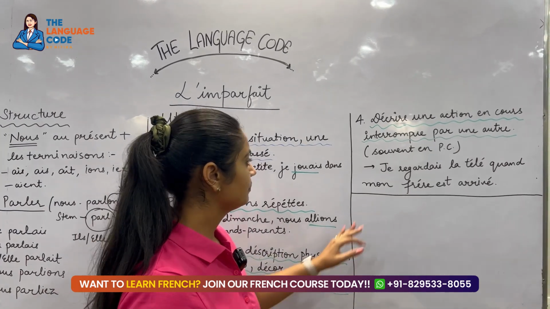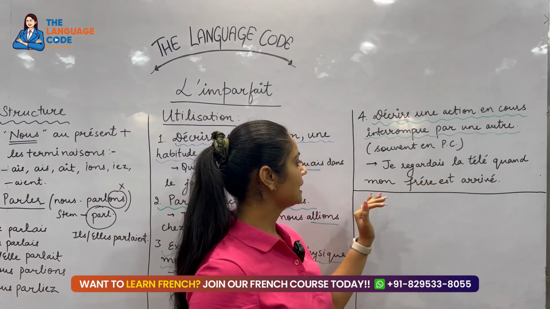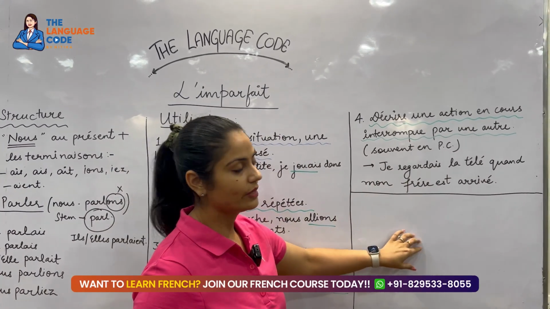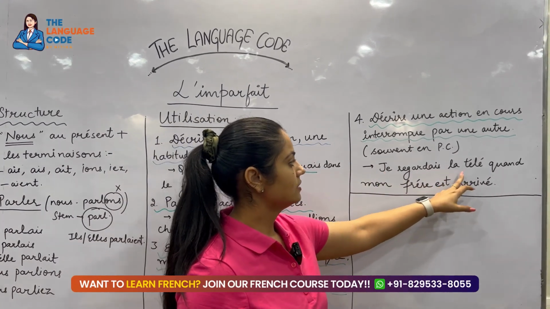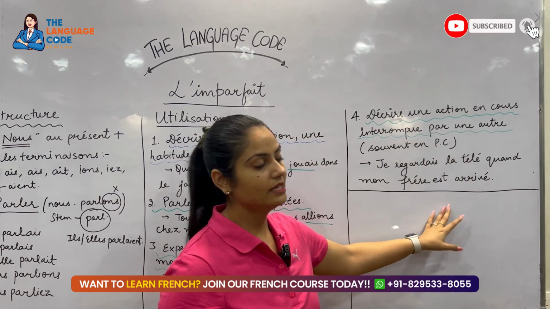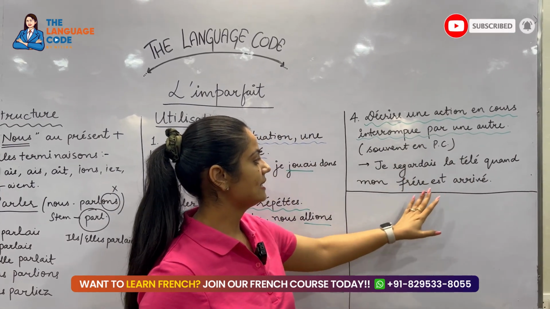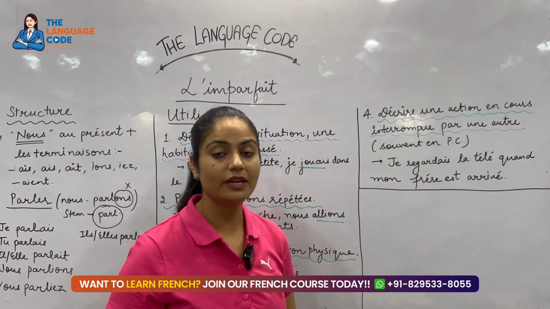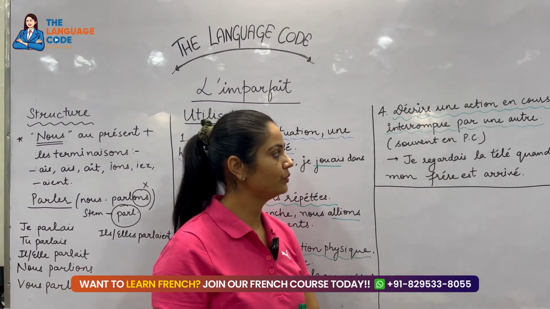For example, je regardais la télé quand mon frère est arrivé. So there are two tasks going on together. I was watching the television when my brother arrived, right? So one action is going on and the other interrupts it. There we use l'imparfait in the past, right?